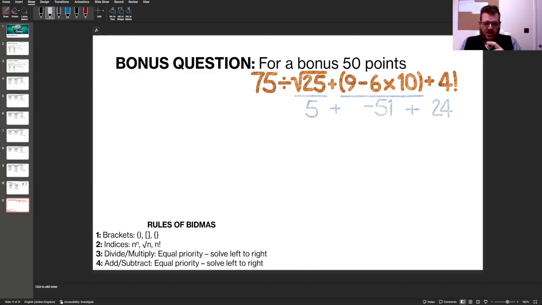And then you do your 75. I'll put in another 75, because we've got to do division next. Just remember we had to do the square root beforehand, so we're now at 75 divided by 5, which is 15.